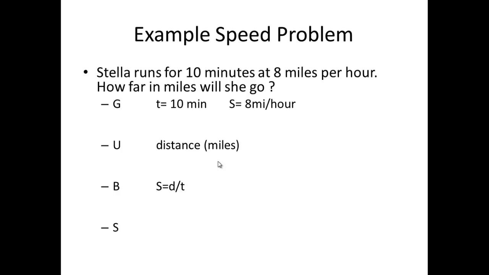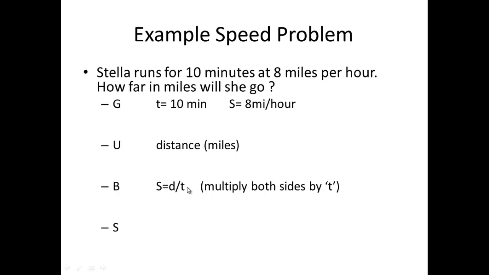The basic equation we're going to use here is the speed equation. So speed equals distance over time. Now you'll notice that here, distance is our unknown, and so we want it to be isolated by itself on one side of the equation. In the equation we have here, speed is isolated. Using algebra, we can multiply both sides by t, or time, because over on this side, time is in the denominator.